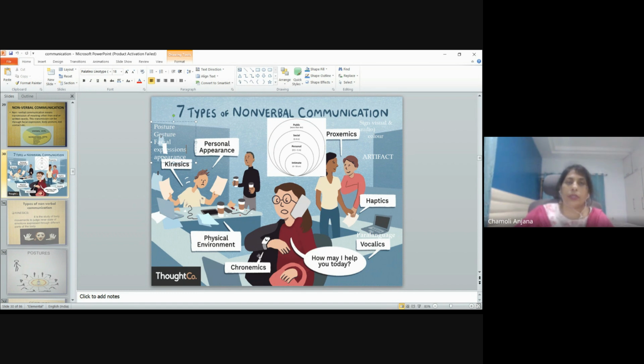For instance, if you have to visit your general manager, you just cannot barge into his cabin. You need to take an appointment with him, right? That talks about his power, and that determines the kind of communication we are going to have with our boss, because he is a superior, and the communication is going to be very, very formal.